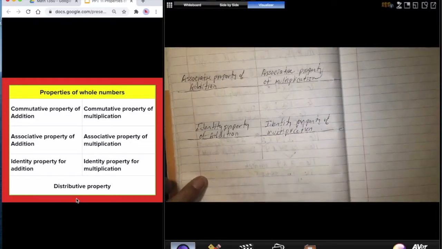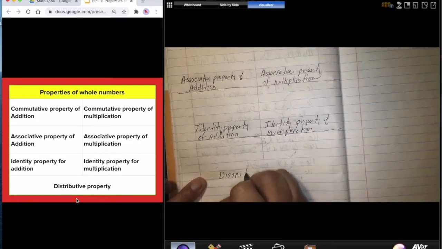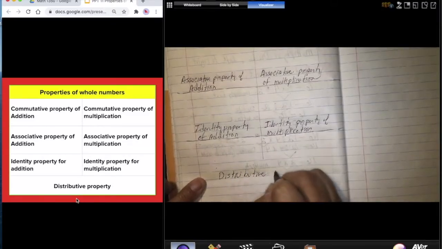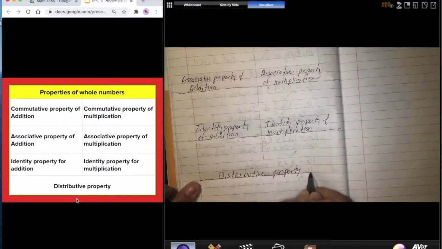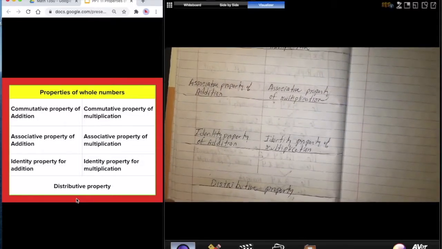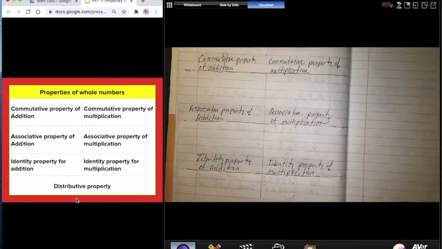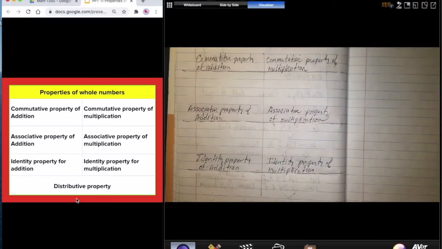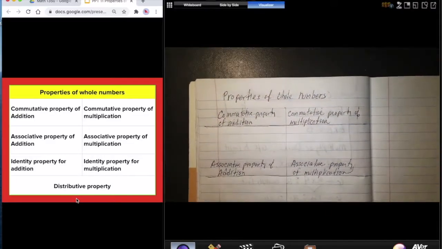And on the bottom, I'll put the distributive property. Okay, let's go ahead and do some examples in each one.